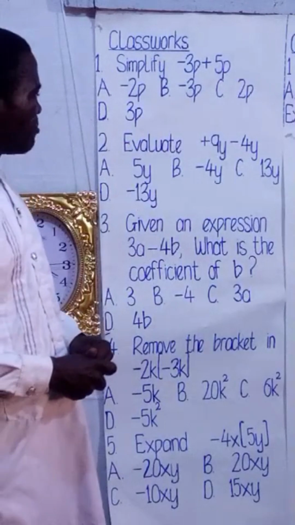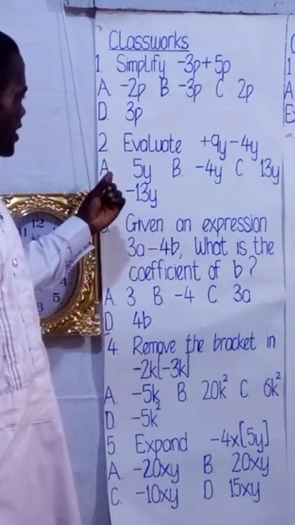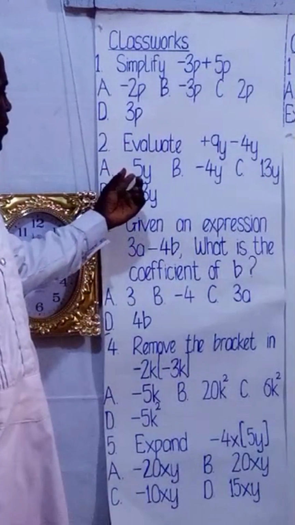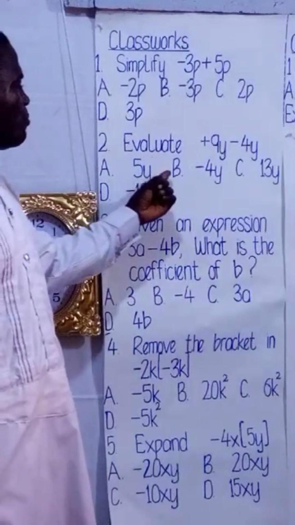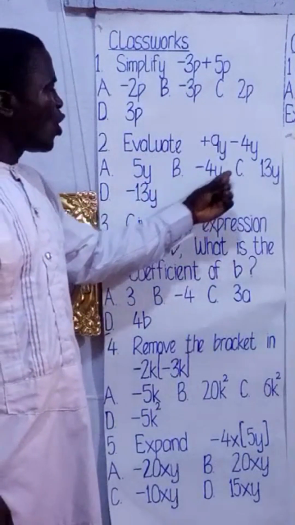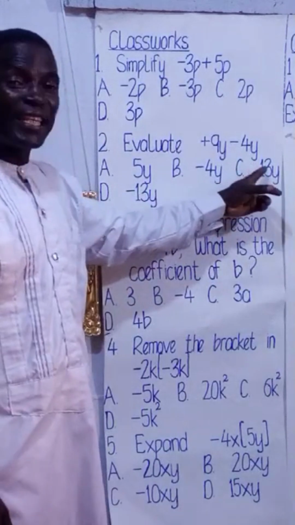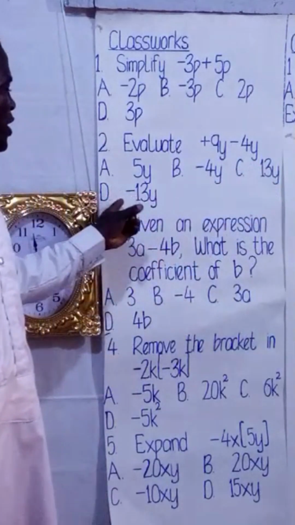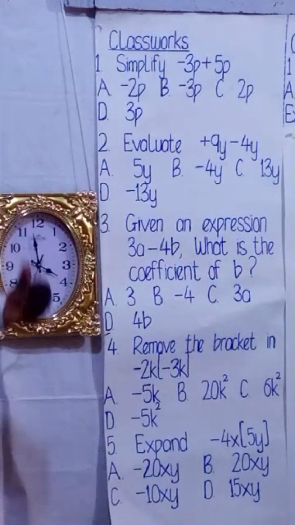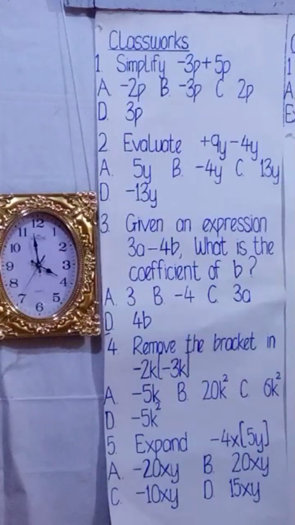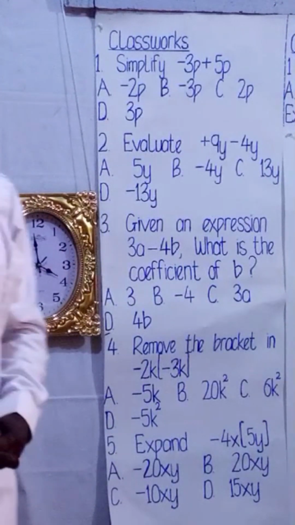Option A, 5y, which is plus 5y. Option B, minus 4y. Option C, plus 13y. Option D, minus 13y. You have 1 minute to solve the problem. Your time is counting now.